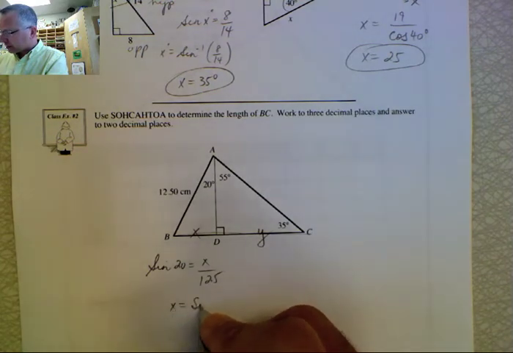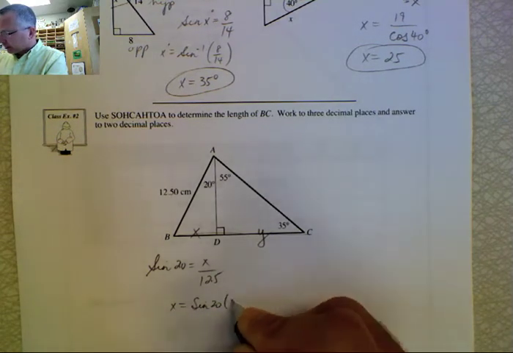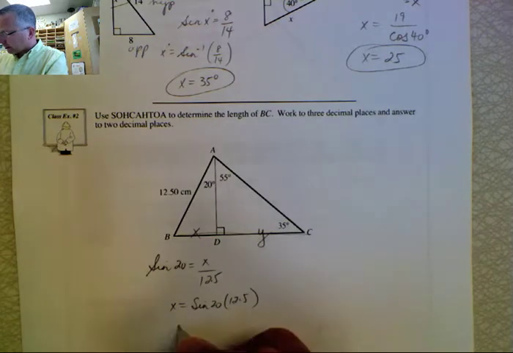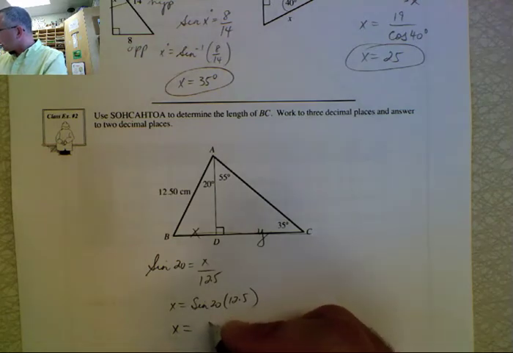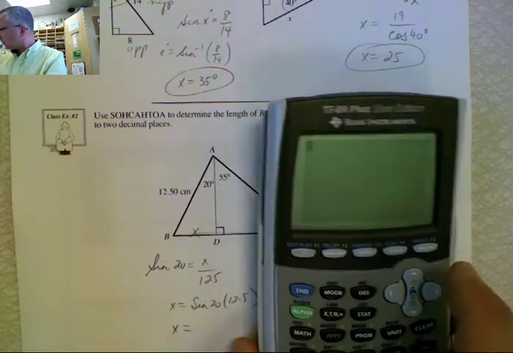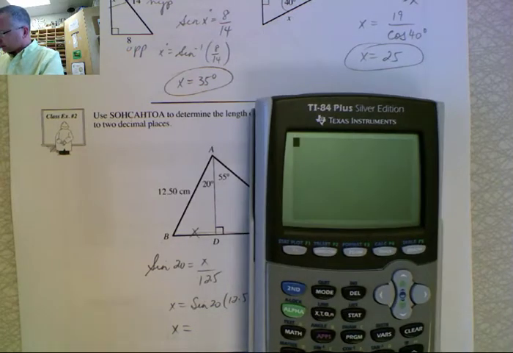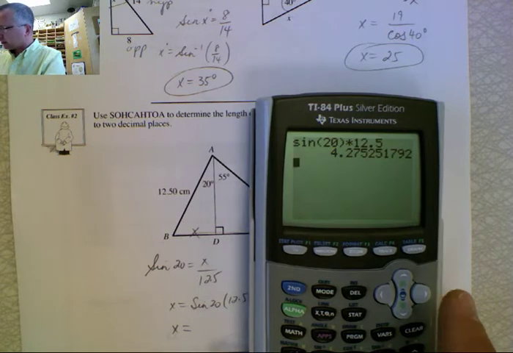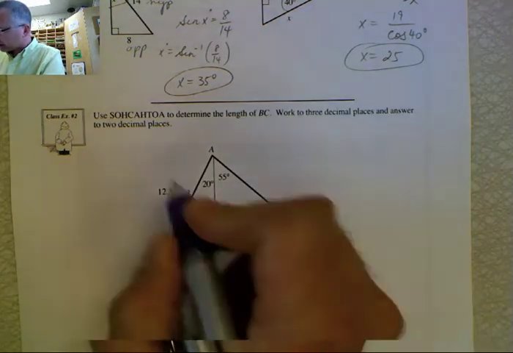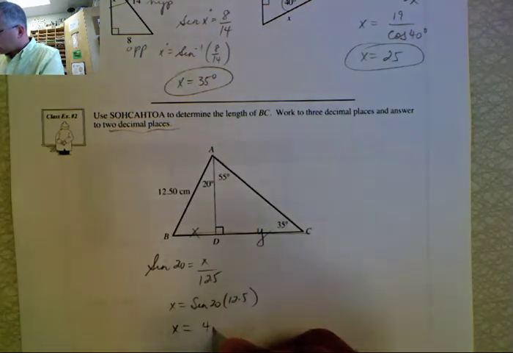So X is going to be the sine of 20 times 12.5, and if you calculate that, it's going to give me 4.27, or if I round it to 2 decimal places like it asks me to, that's 4.28.